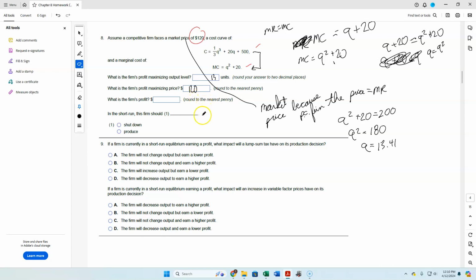And then in terms of the profit level, that would be 120 times 13. That's going to give me my revenue, which is 1560. And my total cost is going to be one third Q cubed plus 20 times 13 plus 500.